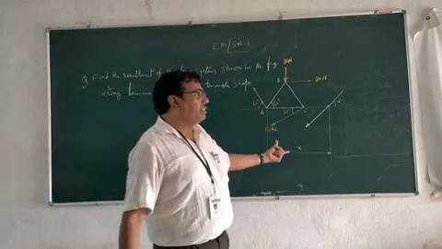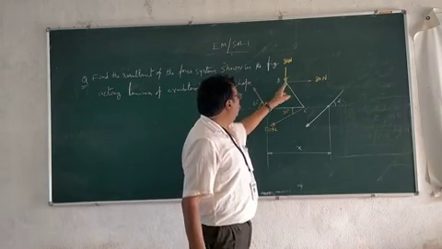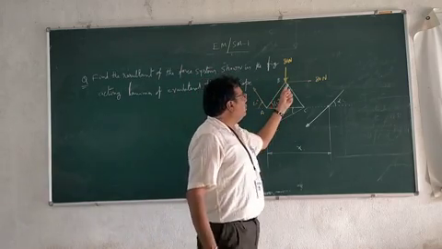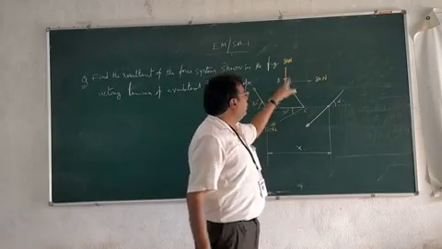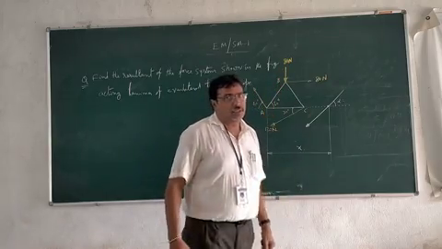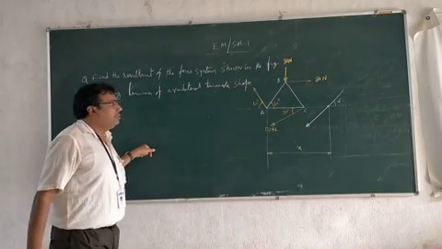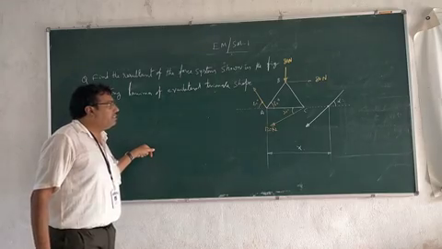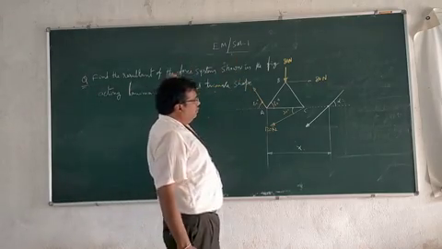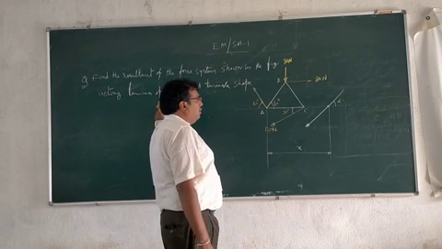Four forces act on the member: 1, 2, 3, 4. One is a horizontal force, another is a vertical force. One is an inclined pull at 30 degrees. Another is also a pull at 60 degrees to the horizontal.